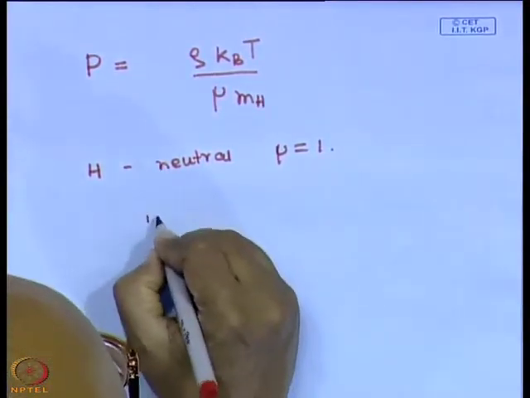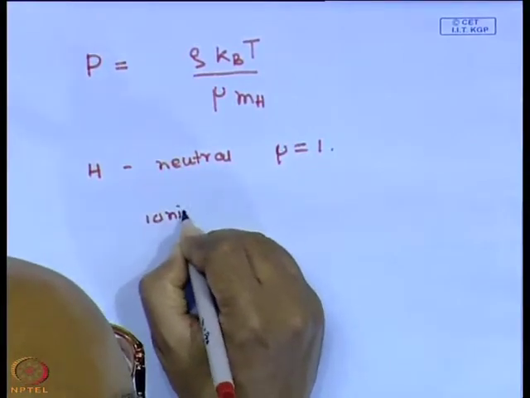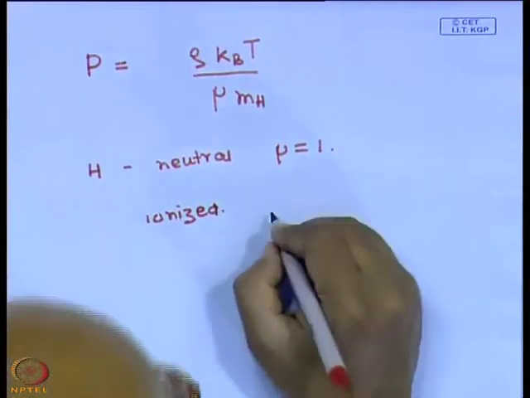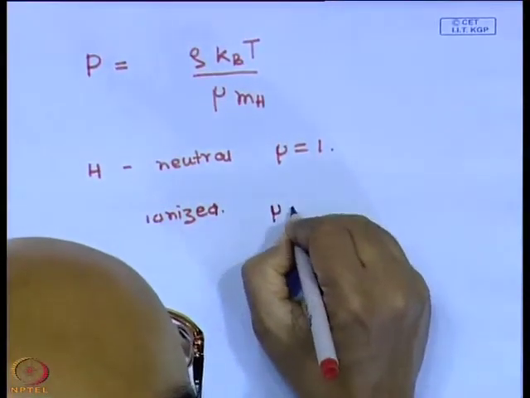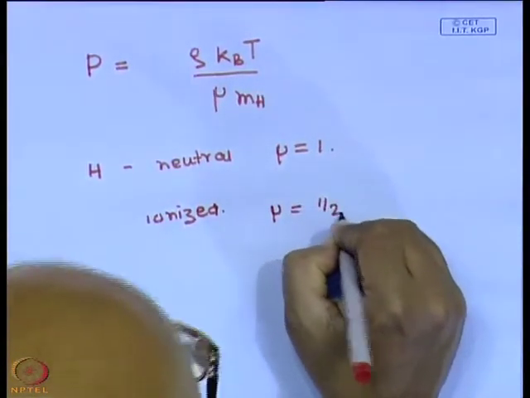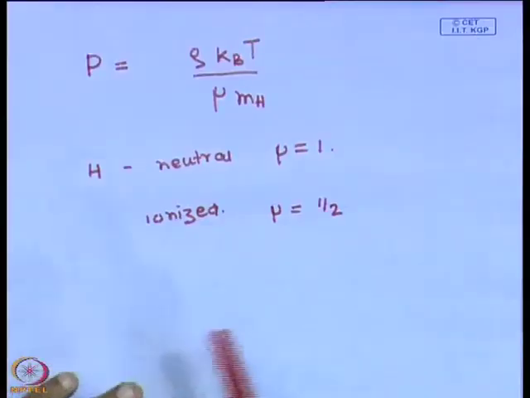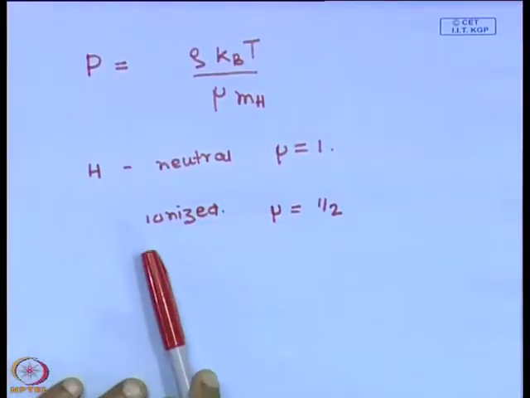Whereas, if it is ionized, then the mean atomic weight is half, because the electron has weight approximately 0, the proton has the same weight as the hydrogen atom approximately. But the number of particles has doubled, because we have the electrons and the protons both contributing to the pressure.